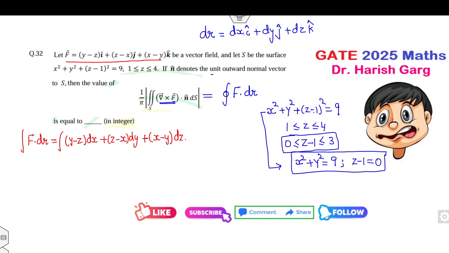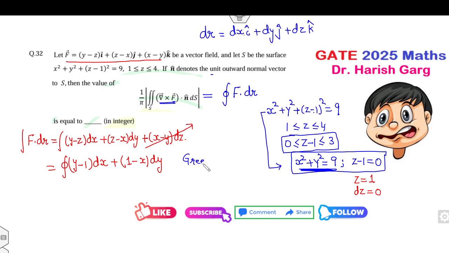Now you can substitute this value. Once z minus 1 is 0, that means z is equal to 1, dz is 0. So that term will be 0. So it will be y minus 1 into dx plus 1 minus x into dy over the closed curve of the circle.